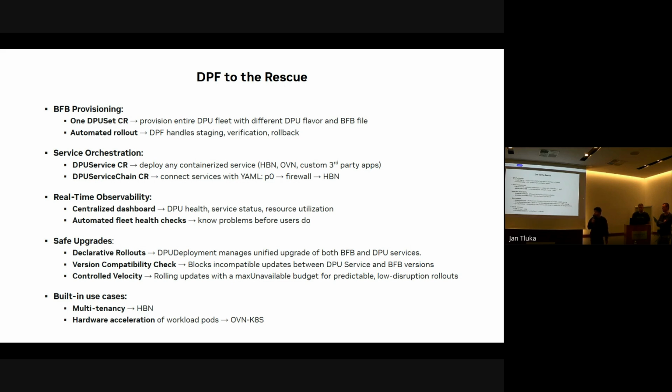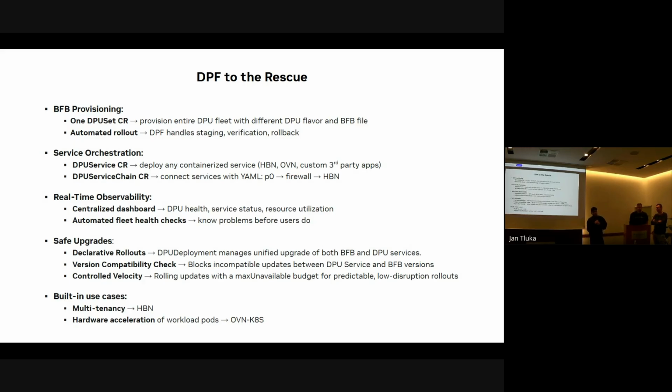All right. So the previous slide focused on the why part of it. This and the next couple of slides will be the what and how part of the DPF. At the core of it, we rely heavily on Kubernetes and the custom resource definition and controller mechanism of Kubernetes. First one is for the provisioning. So we have DPU sets here.